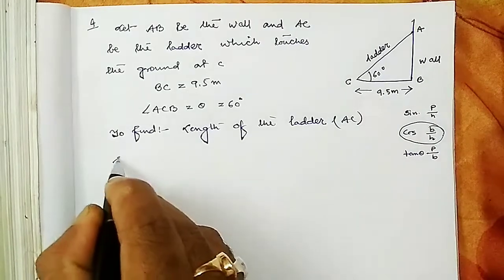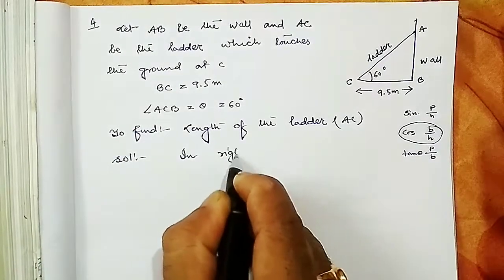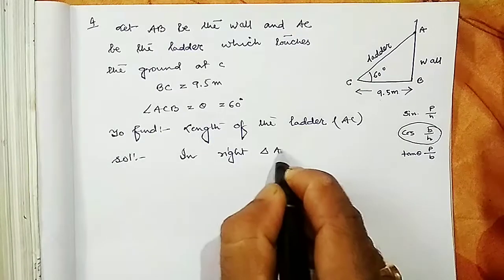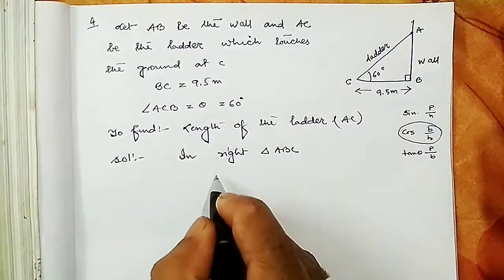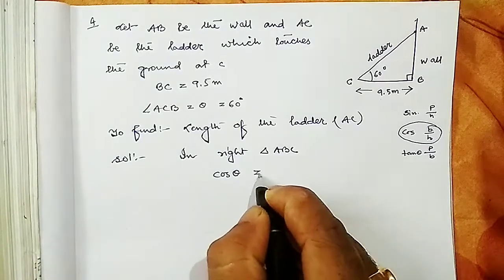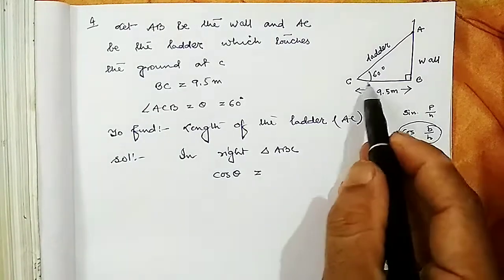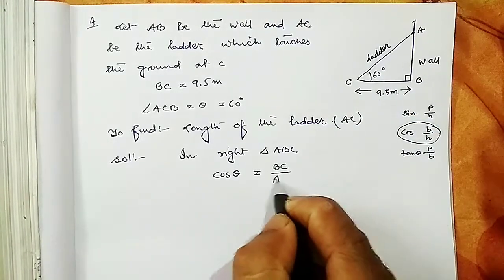So in solution part I am going to write, in right triangle ABC, this angle is 90 degrees, so it is a right angle triangle. We can write cos of 60 degree, cos theta. We know cos theta is base by hypotenuse, so it will be BC by AC.